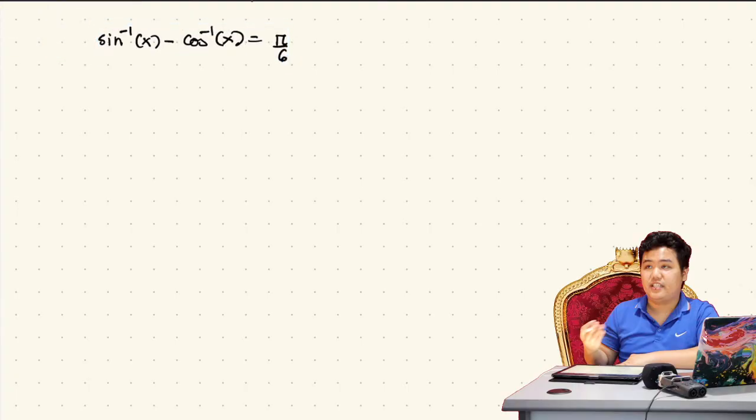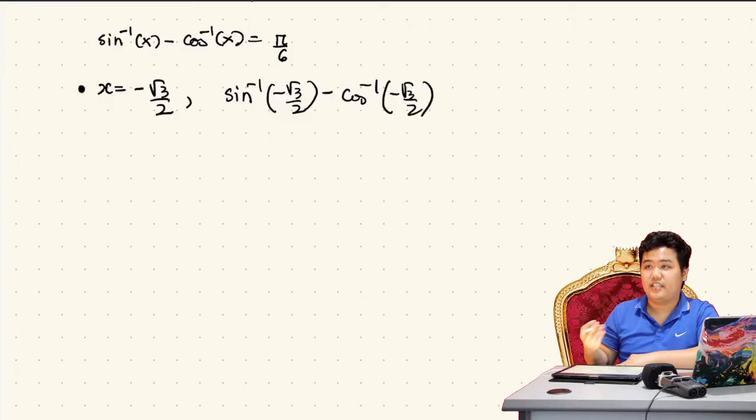So the first candidate is when x is negative square root of 3 over 2. Ano mangyayari? Sine inverse negative square root of 3 over 2 minus cosine inverse negative square root of 3 over 2. Is it equal to pi over 6?